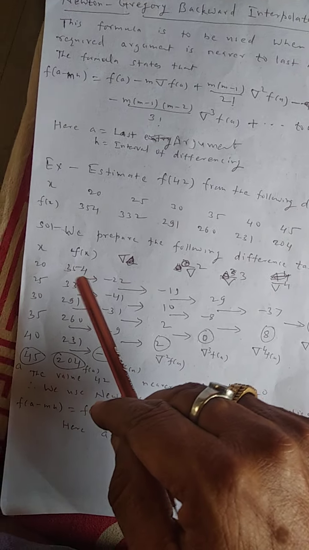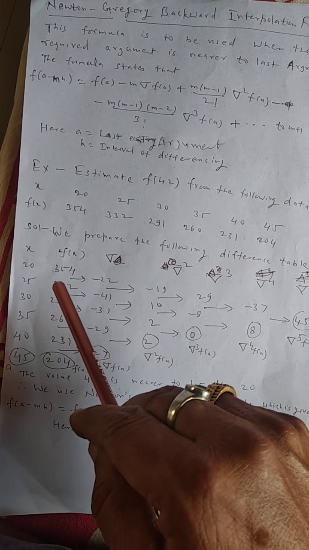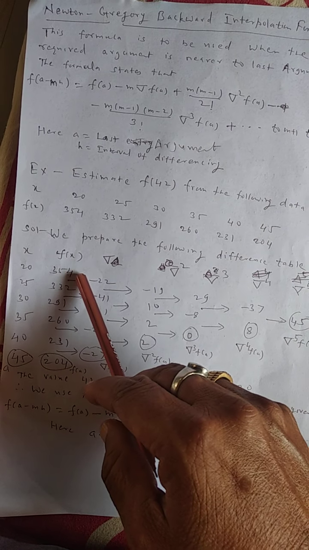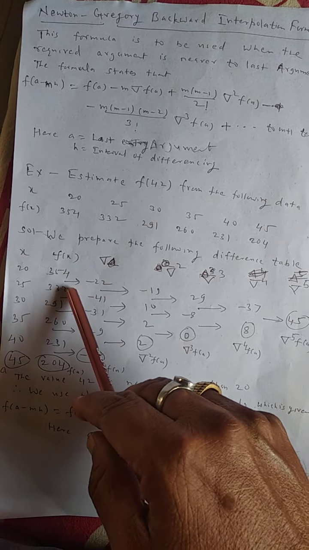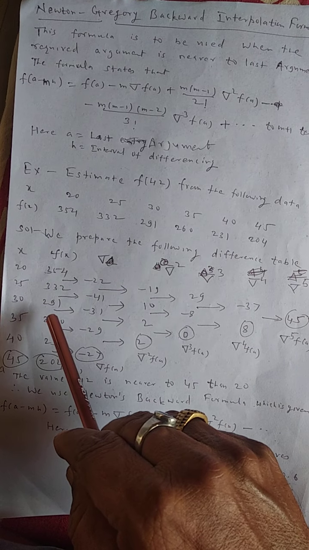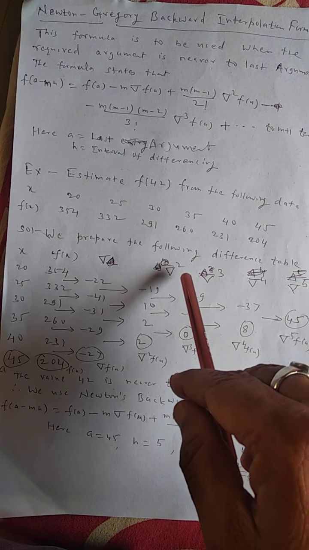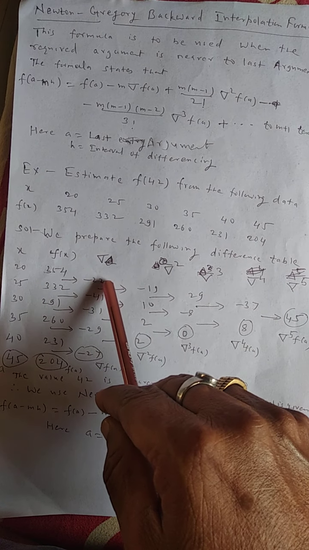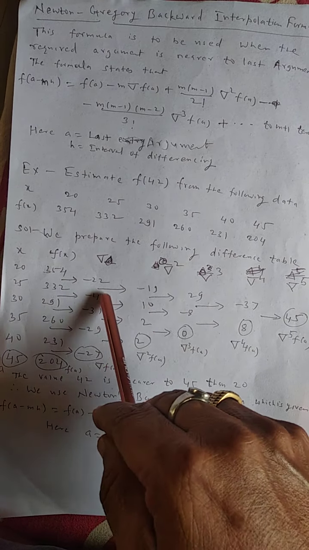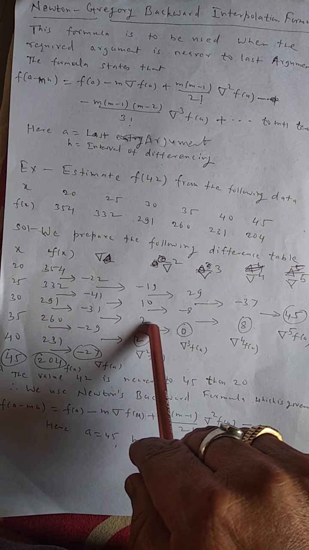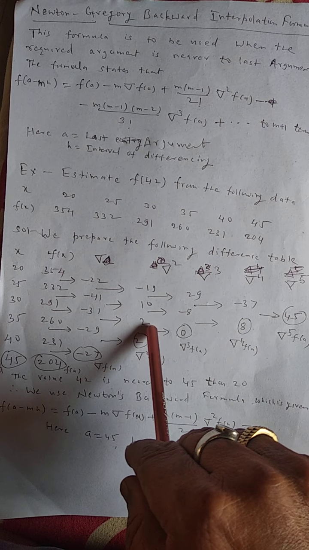But while calculating, we use the same technique as in the forward table. So 332 minus 354, 291 minus 332, 260 minus 291, 231 minus 260. Del square: minus 41 plus 22, minus 31 plus 41, minus 29 plus 31, like this.